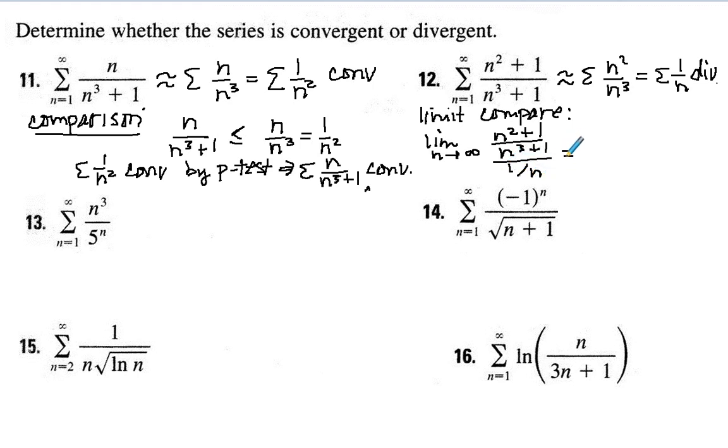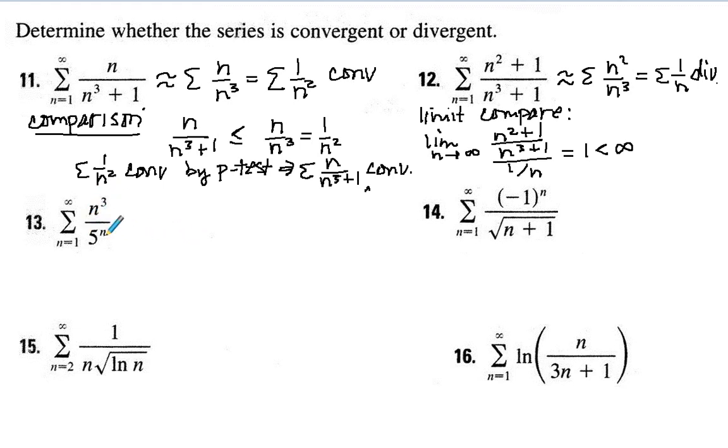And I'll let you double check the details. This limit turns out to be 1, which is less than infinity. So they both have to do the same thing. Since this diverges, then this one diverges. So you'd want to go through and state your conclusion like we did here. But here I'm just trying to hit the highlights. I'm not going through every single little detail with these problems.